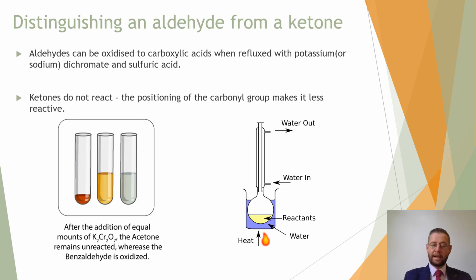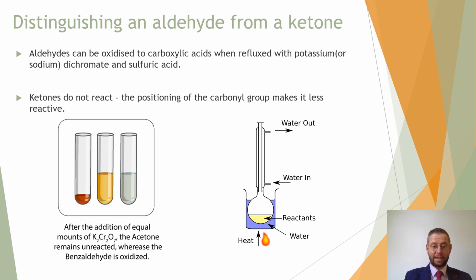A quick detail, how can we distinguish an aldehyde from a ketone? Well, obviously with a carbon chain of 1 or 2, we can't, because they're actually the same molecule. It's only when we get to 3 carbons in the chain that we see some way of distinguishing them. Now, the standard test for this, and one you need to remember, is that aldehydes can be oxidized to carboxylic acids when refluxed with potassium dichromate and sulfuric acid.